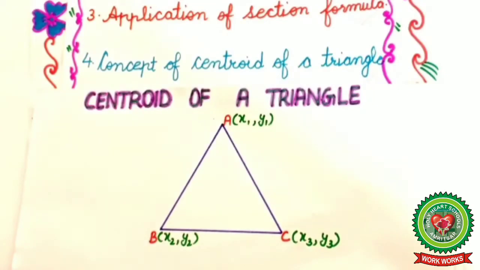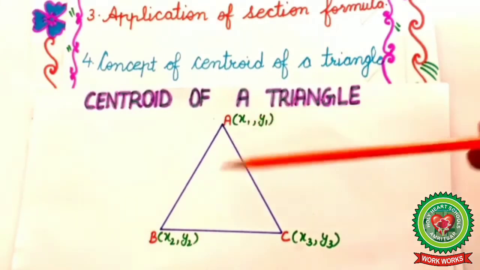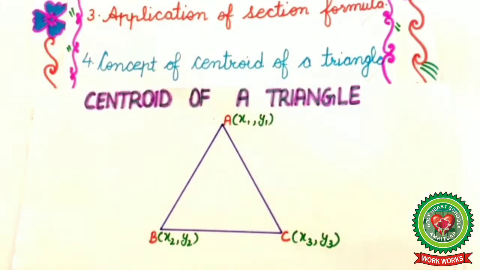The next objective is the concept of the centroid of a triangle. In this, first of all, a triangle is given. The triangle's name is ABC, and the coordinates of A are x1, y1, of B x2, y2, and of C x3, y3.